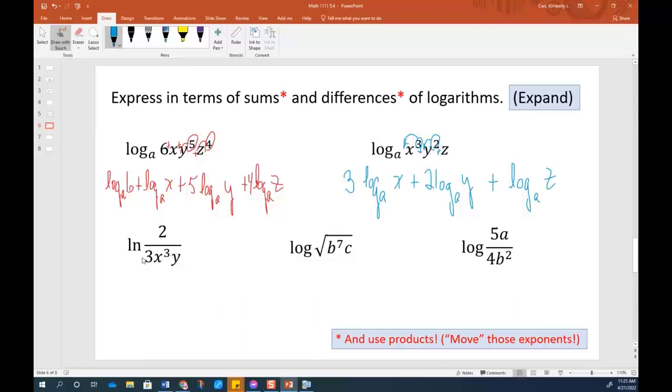So this one's going to be positive, and then I'm going to have to subtract this log. Even though this is a multiply, because it's in a denominator, that negative really gets distributed to it. And then this is going to move to the front. So all the ones in the denominator will end up being negative because the negative in front of the entire thing gets distributed. So we have a positive ln of 2 minus ln of 3.